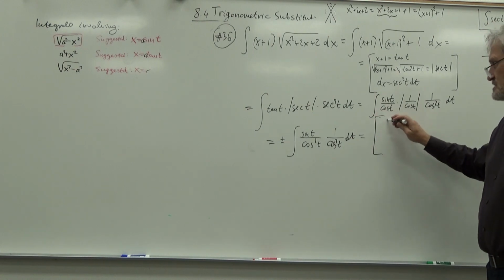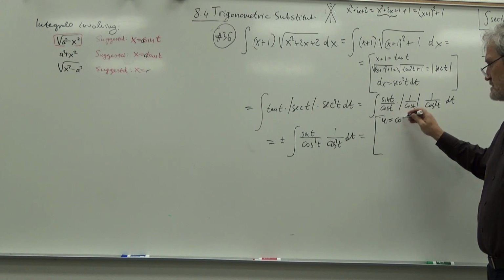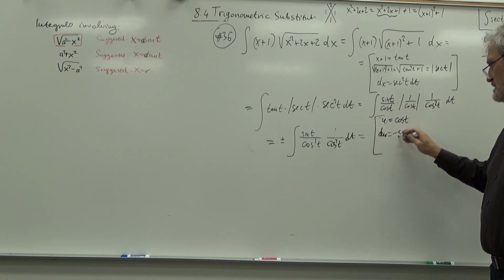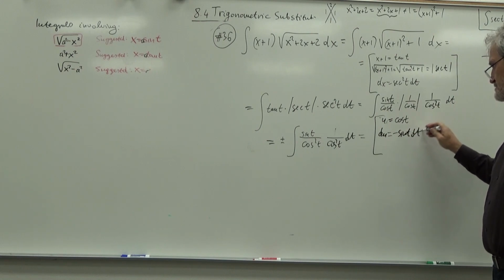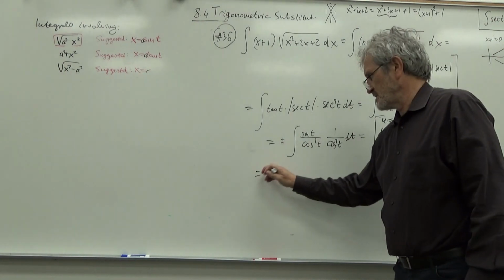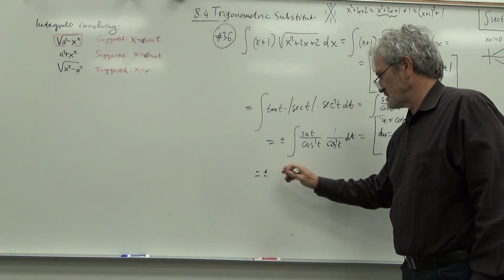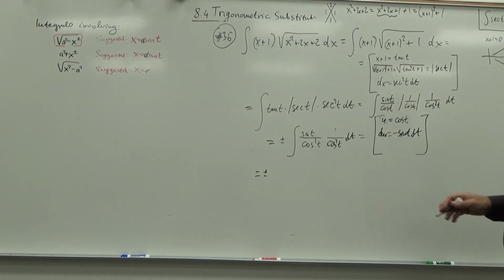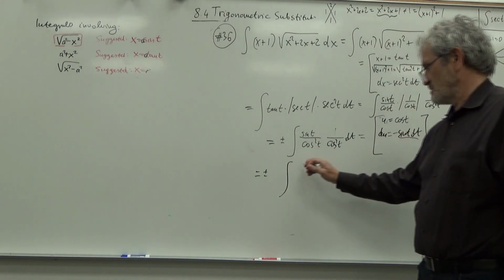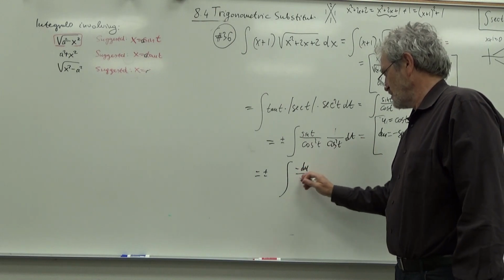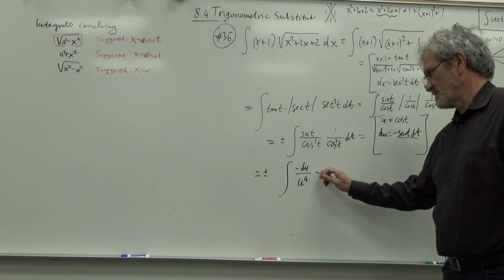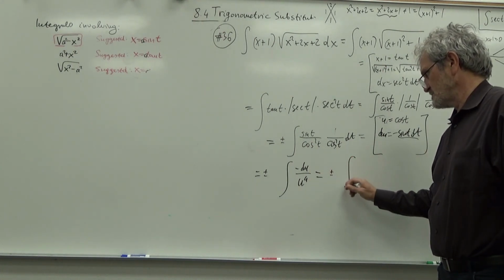Obviously, the substitution is u equals cosine t, and then du is minus sine t. So what would that give you? I'll keep that plus or minus, then I'll deal with it. So it would be integral, sine t dt is packaged, so it will be minus du over u to the 4.